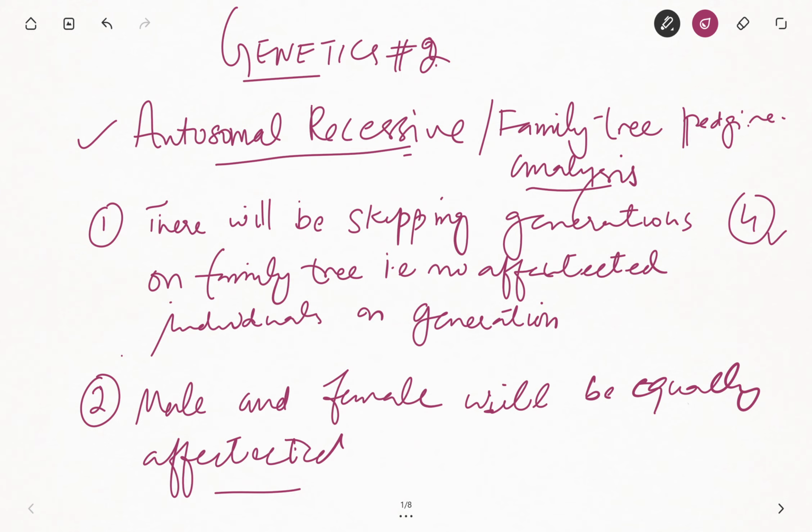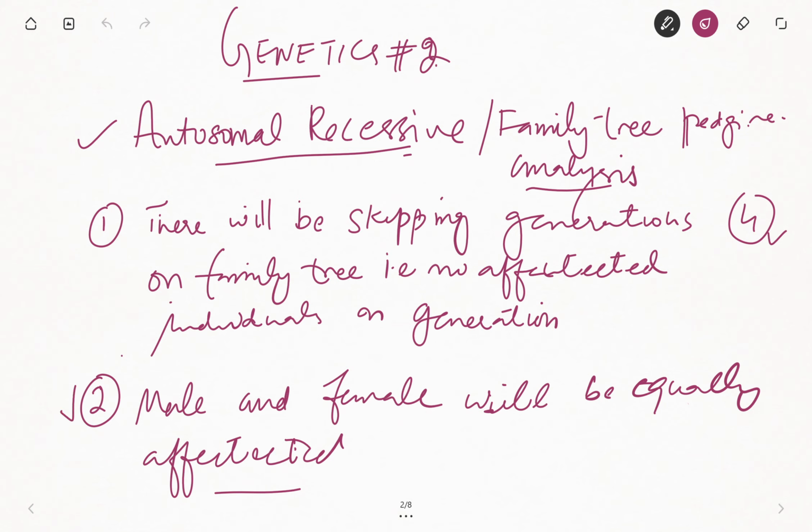This is not the case for an autosomal recessive condition or any recessive condition. So there will be unaffected generations, and then the appearance of an affected individual in a certain generation down the line. The second feature is that male and female will be equally affected.